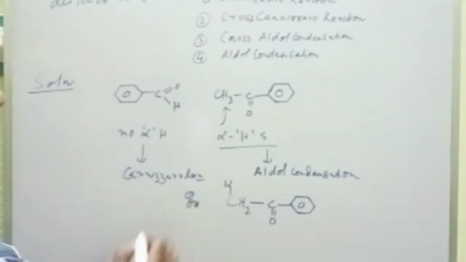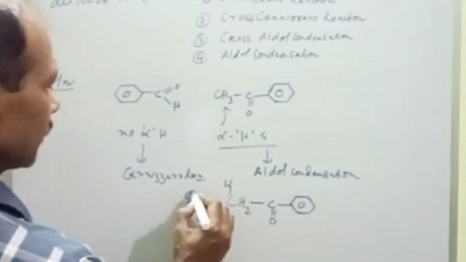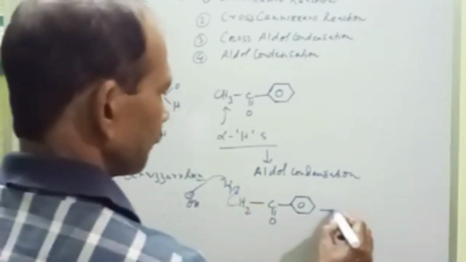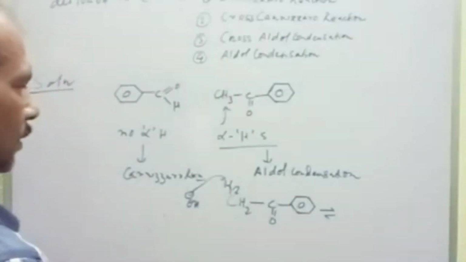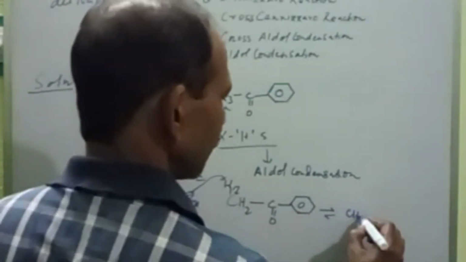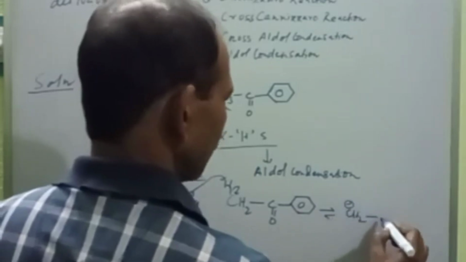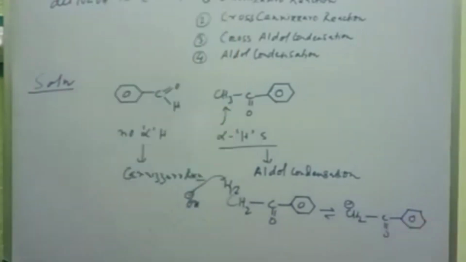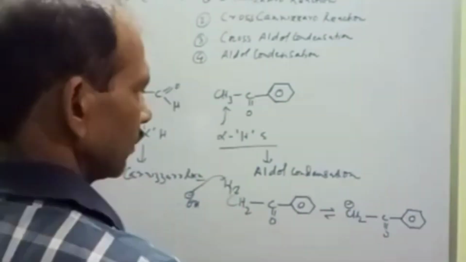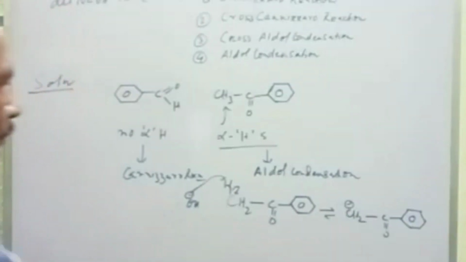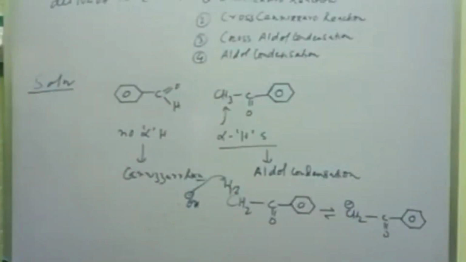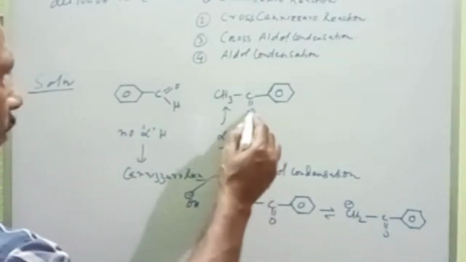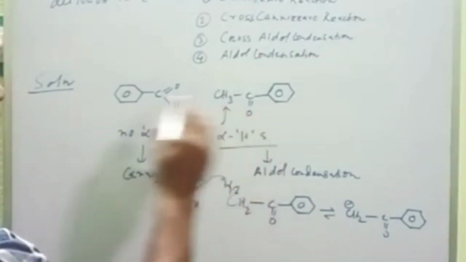OH minus from NaOH takes the proton, which gives rise to a carbanion. This carbanion can attack the nucleophilic center of the same carbonyl compound or other carbonyl compound.